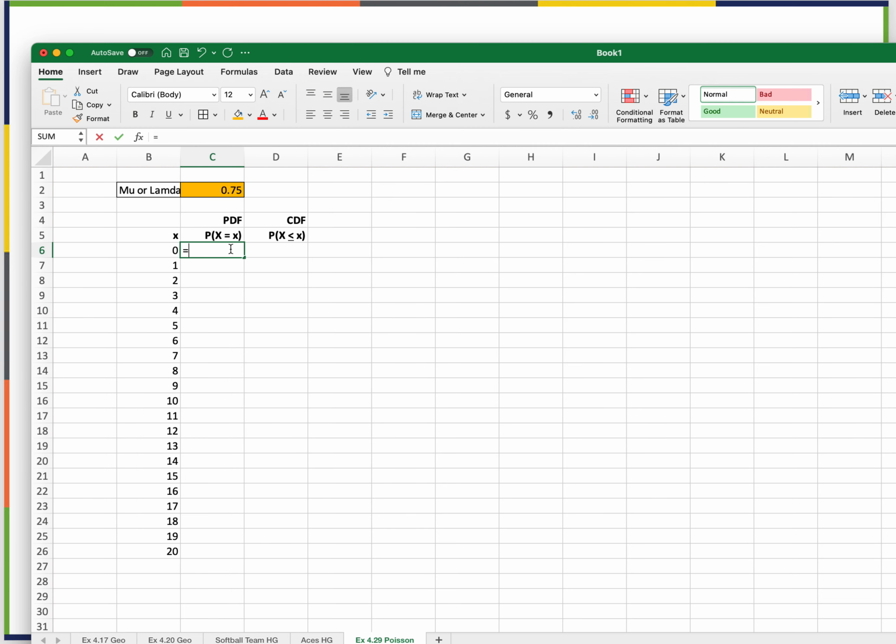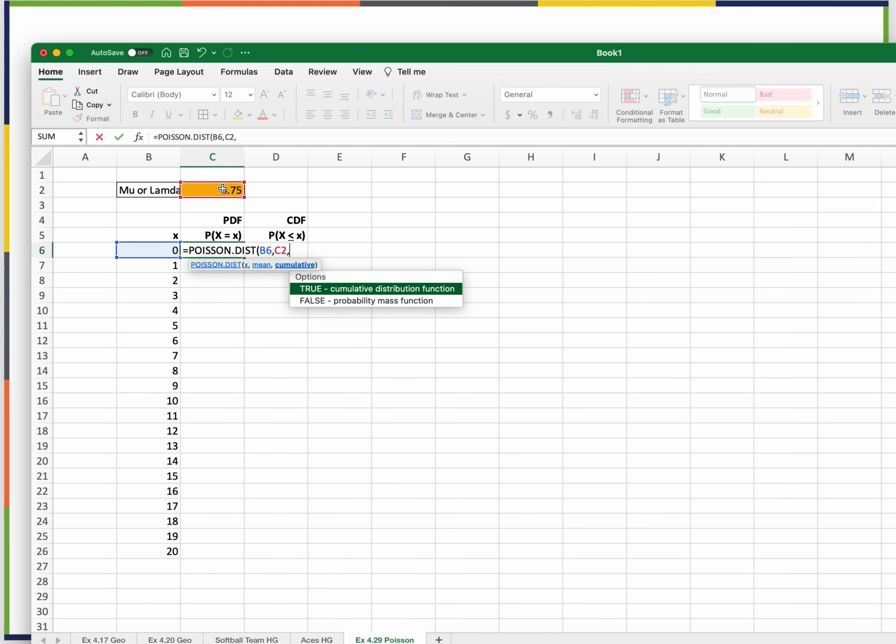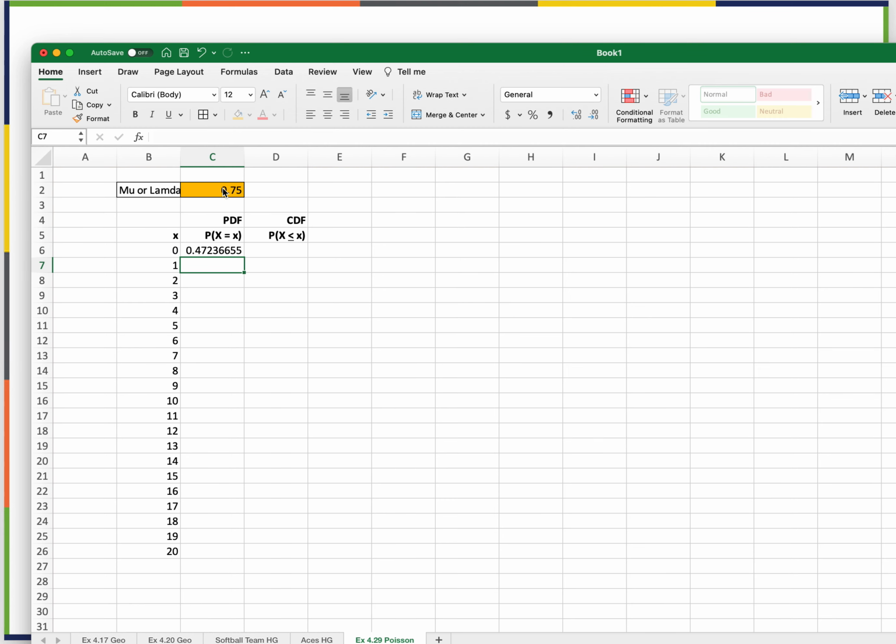And now I say it's equal to Poisson, and there's the Poisson distribution: X, the mean, and whether it's cumulative or not. So I'm going to say X is that, my mean is that, and I don't want it to be cumulative. I want the PDF, so it's always 0 or false.